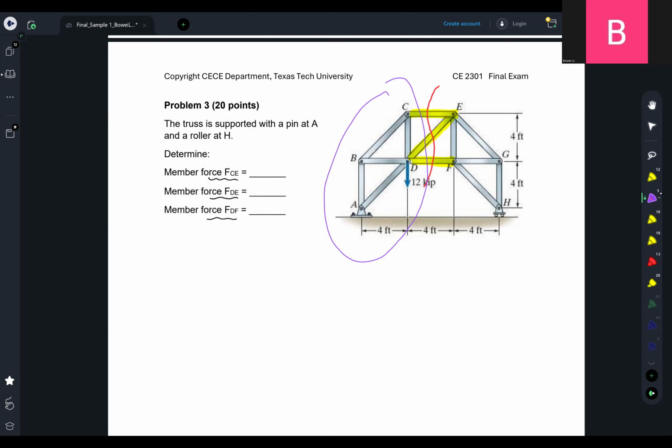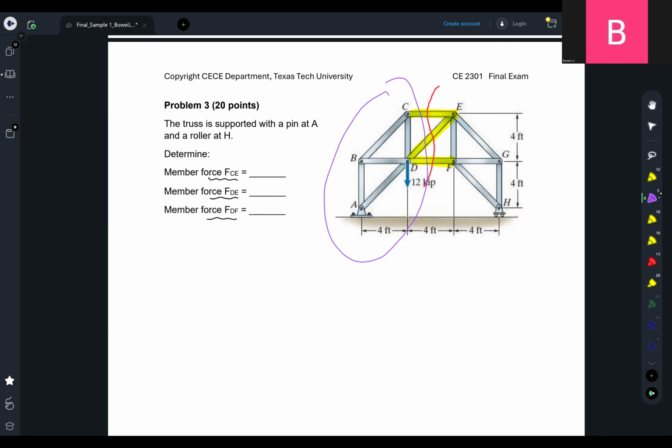So those are the forces in the free body diagram of A, B, C, D. We are going to establish the equations of equilibrium of part A, B, C, D, and we can solve for the unknown member forces. So that is basically the idea of how we can approach it.